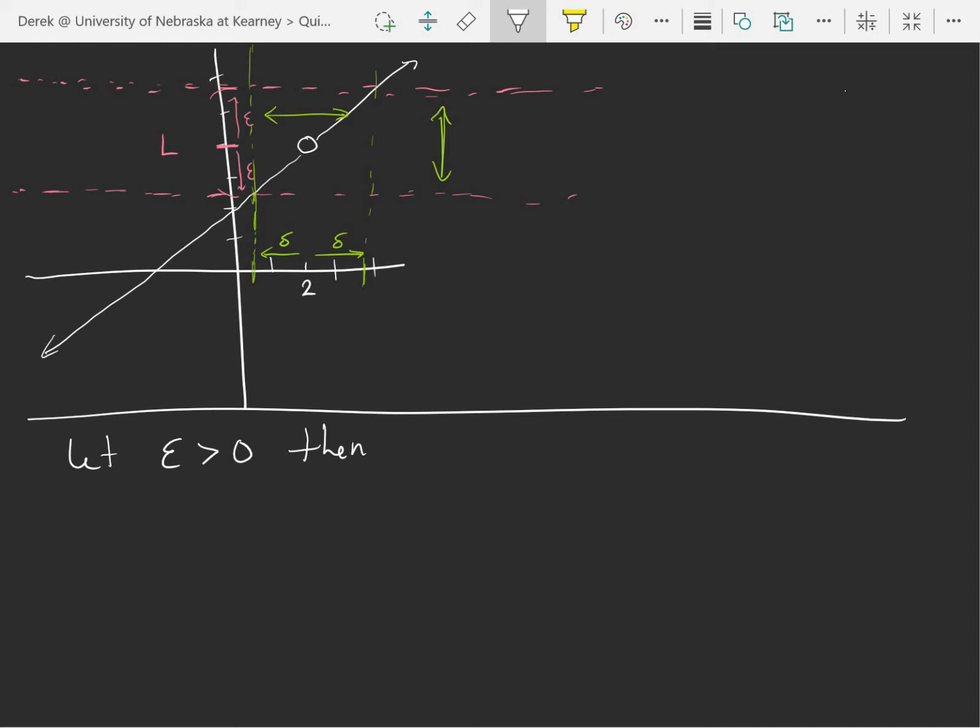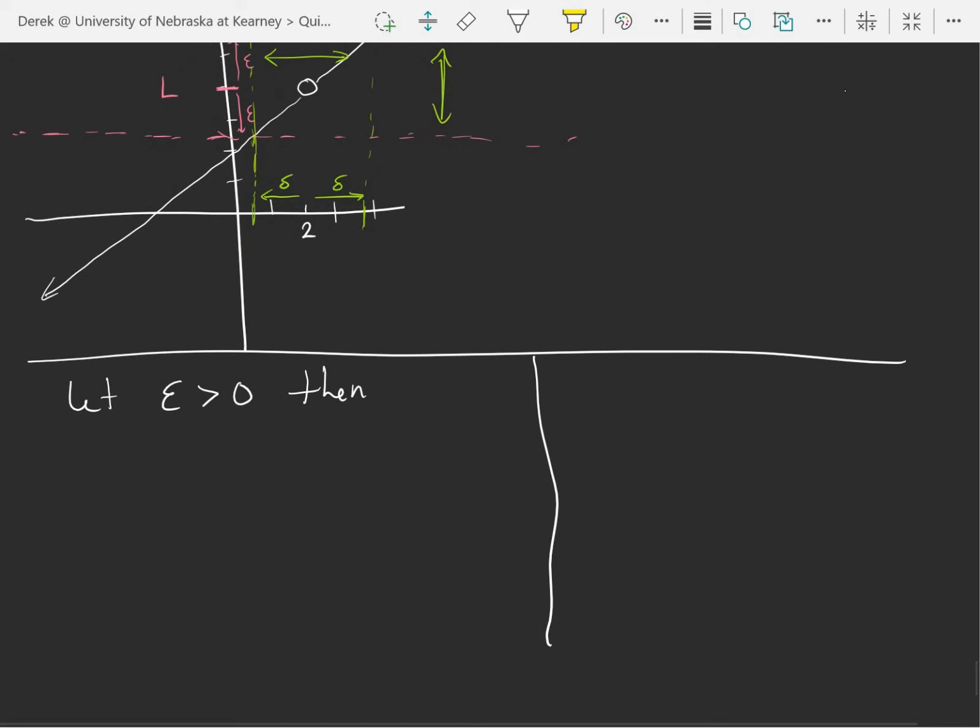That's one way we can kind of do it without a bunch of scratch work on the side. Let's kind of do the scratch work though. So we want x squared minus 4 over x minus 2 minus 4 less than epsilon.